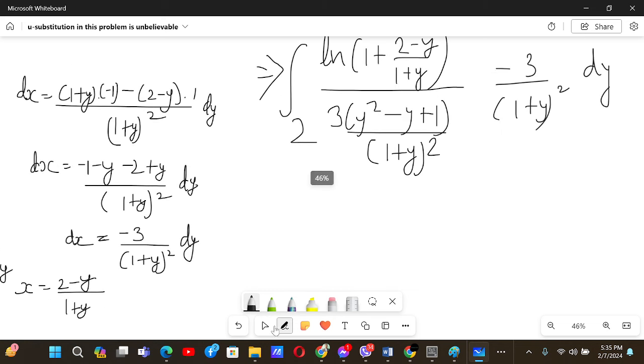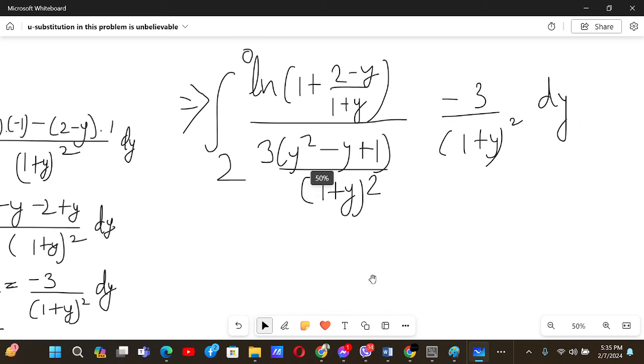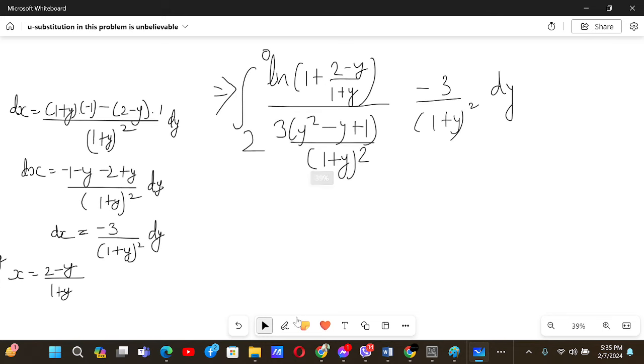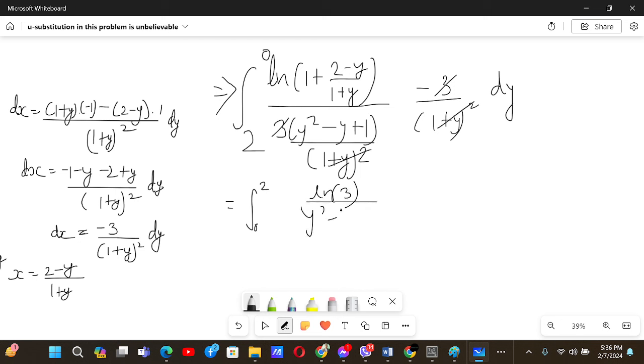Okay, so now let us use the negative sign to reflect the integral. That gives us the integral from 0 to 2, and the (1 plus y) squares cancel out, and the 3 also cancels out. Now if we add 1 plus y plus 2 minus y, that's just ln of 3 by (y square minus y plus 1), and then minus ln of (1 plus y) by (y square minus y plus 1) dy.